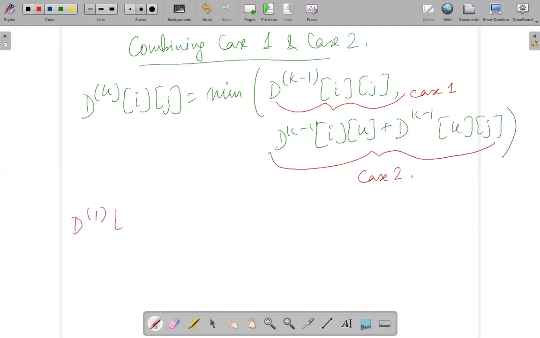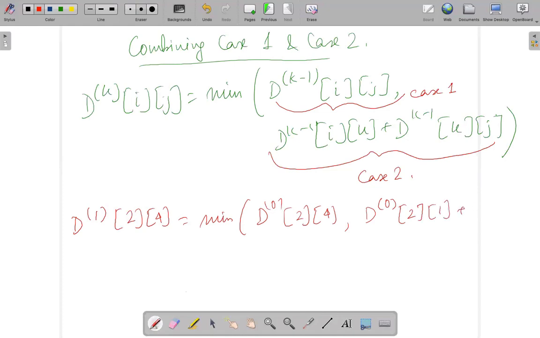Say if we want to compute D^1_24, this is the minimum of D^0_24 comma D^0_21 plus D^0_14.